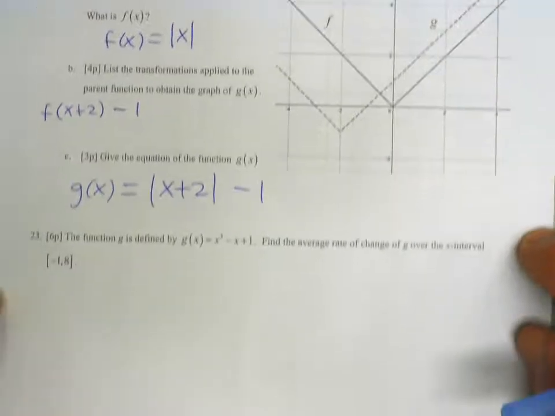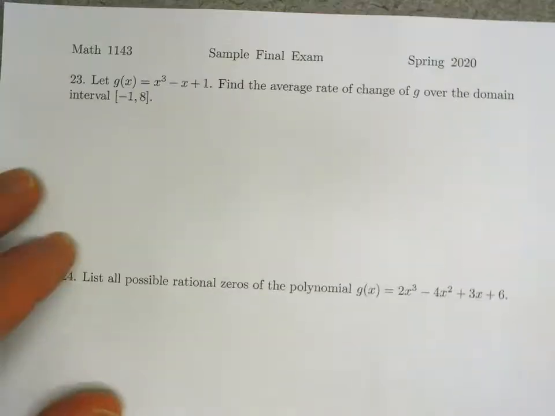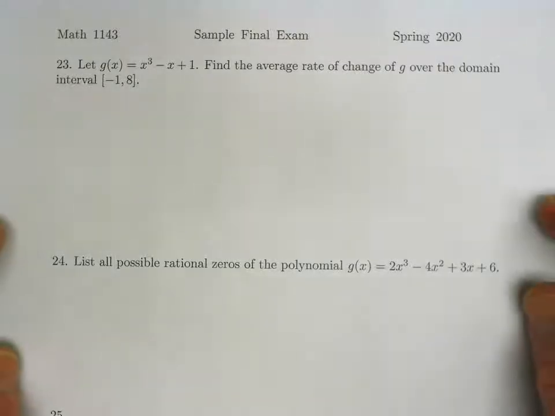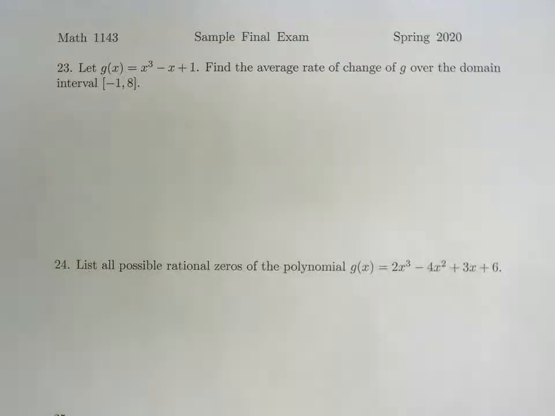Okay, number 23. So I'll go back to a little bit larger print for number 23. Okay, this says let g of x be equal to x to the third minus x plus 1.